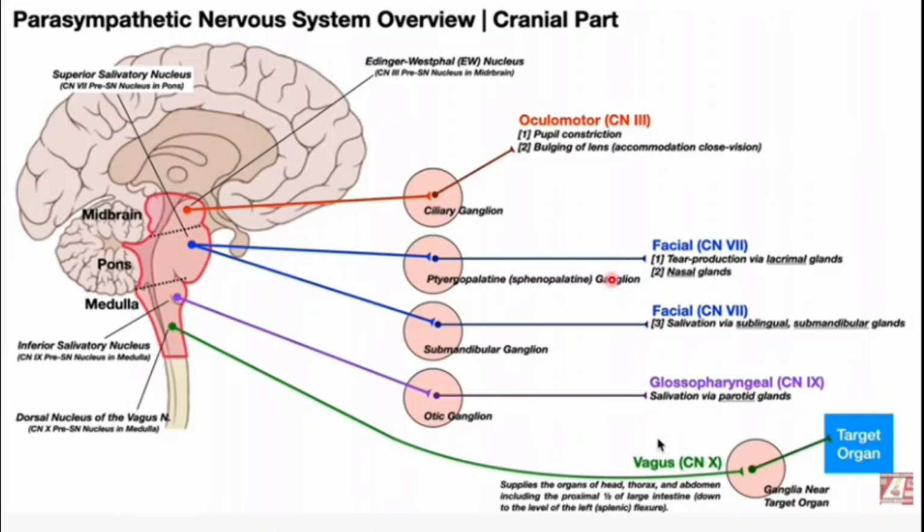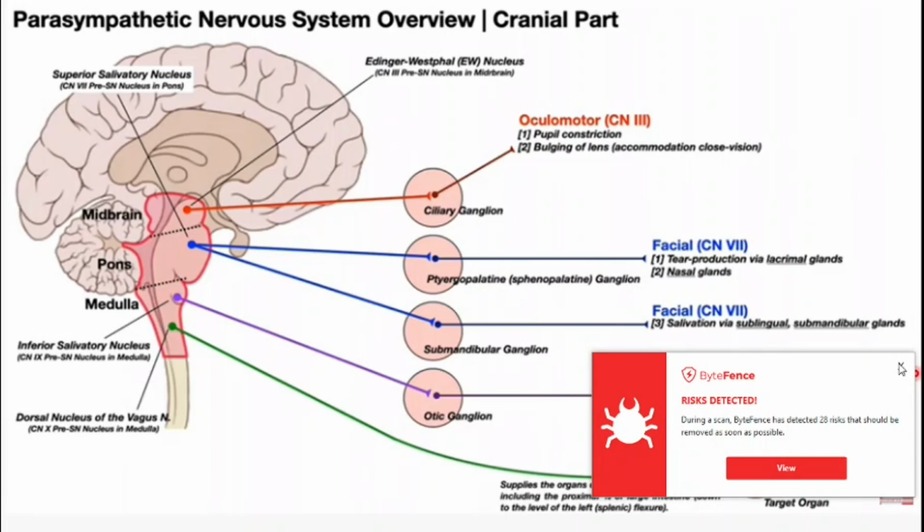So the parasympathetic activation will increase the saliva production. As a general rule, the activation of the parasympathetic nervous system will always increase the mucus production, or will always increase the secretion in the body.